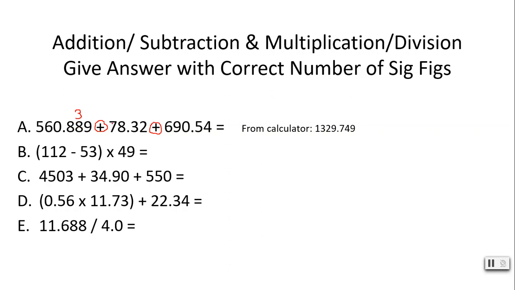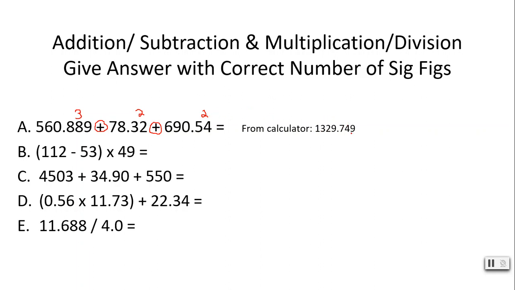Both 78.32 and 690.54 have a total of 2 significant figures after the decimal. So that means that our final answer can only have 2 significant figures after the decimal.